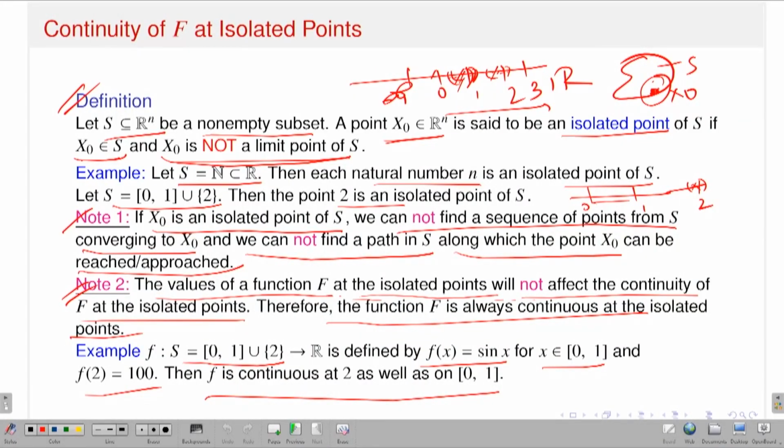So that is the concept of continuity of several variable functions from Rn to Rm. I have introduced the notion of continuous functions, provided various examples, and then talked about the fact that given a function f, it will have component functions.